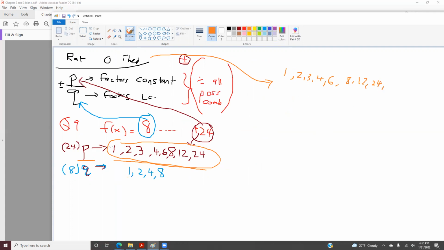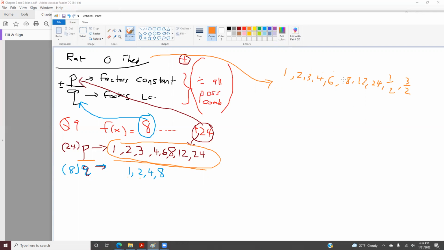Okay, and now you take all this divided by 2. So we got 1/2. 2 over 2 is 1. So we already got 1, we do not need to rewrite it. 3/2. 4 over 2 is 2, we have that. 6 over 2 is 3, we have that. 8 over 2 is 4, we have that. 12 over 2 is 6, we also have that.